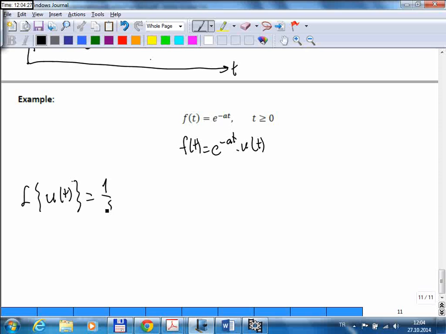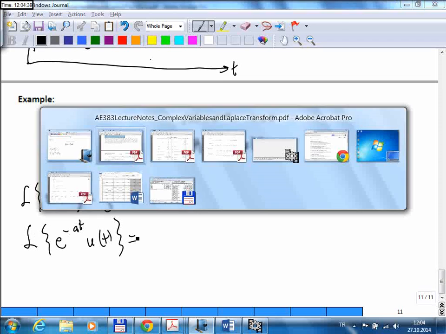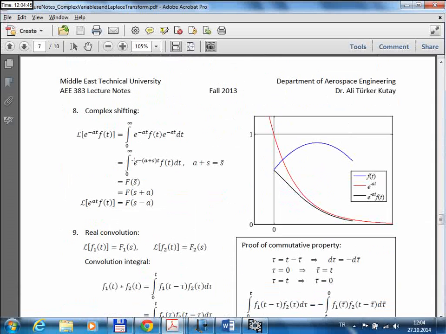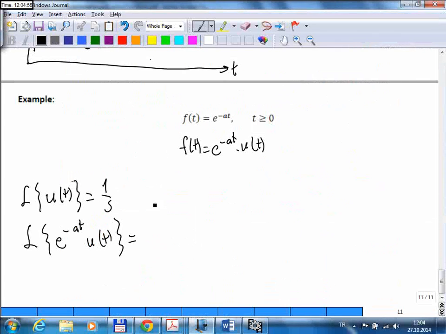u of t is one over s, and if I use the complex shifting property, the Laplace transform of... now let's remember the complex shifting property. If I multiply the function with e to the power minus at, this just shifts the function by amount plus positive a. So it becomes f of s plus a, and this is 1 over s plus a.